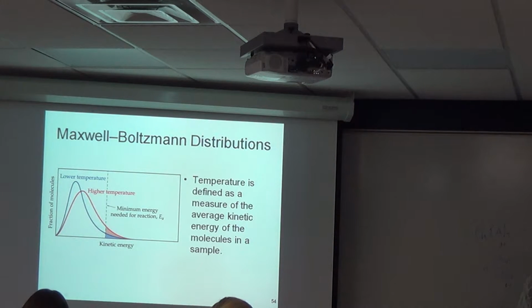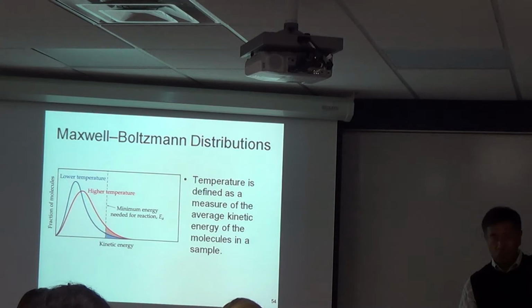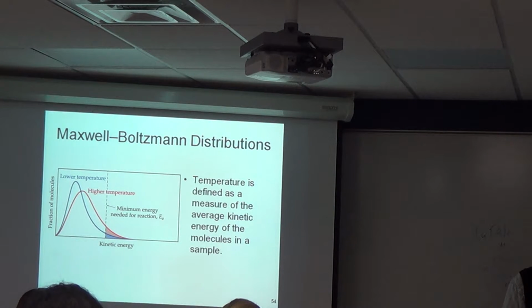I think we studied this in chapter 11 in Chem 1, the Boltzmann distribution of the speed of molecules. As we learned before, if we have a sample of material at a given temperature, you will have an average kinetic energy in the material.